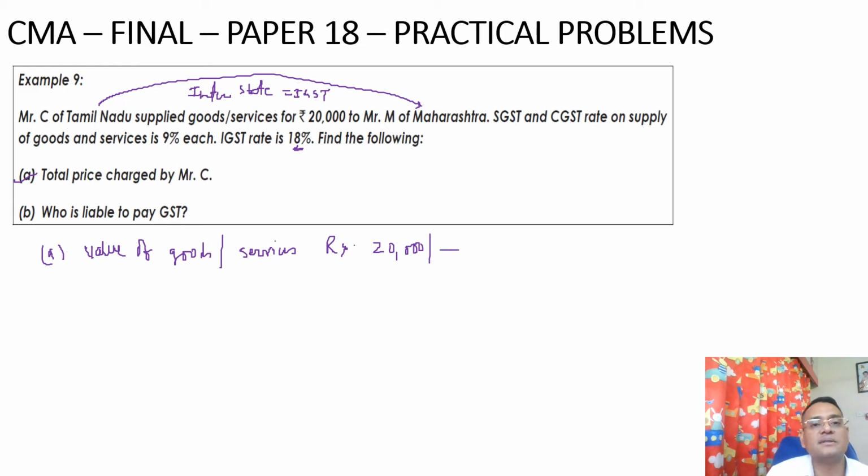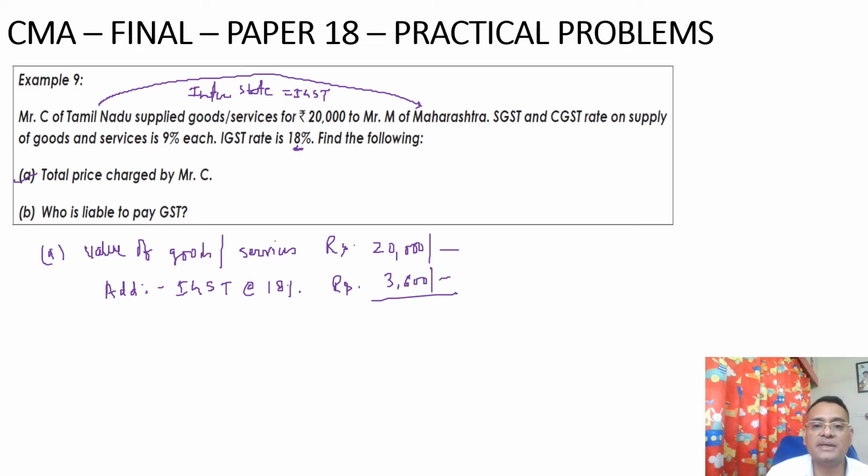Okay, since it is an interstate, material is moving from Tamil Nadu to Maharashtra, hence IGST would be applicable. IGST is 18%. So total IGST would be 3,600 rupees.